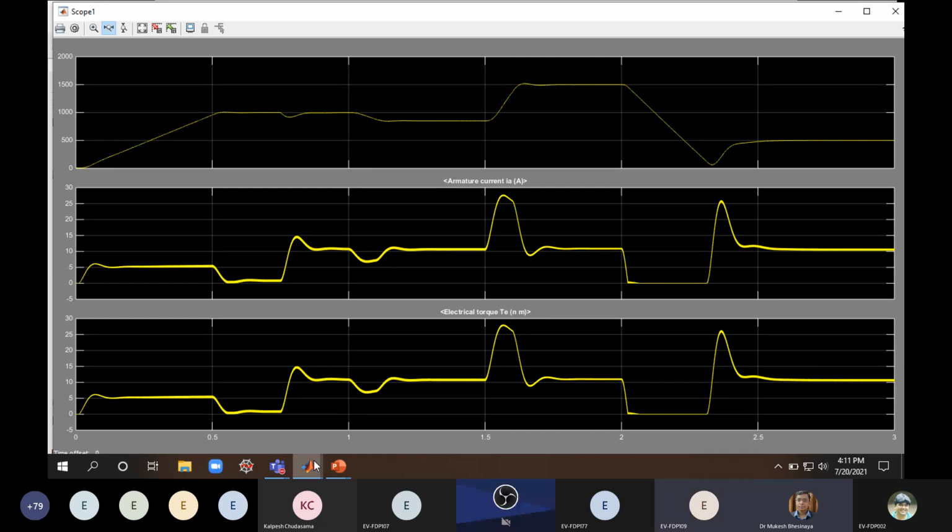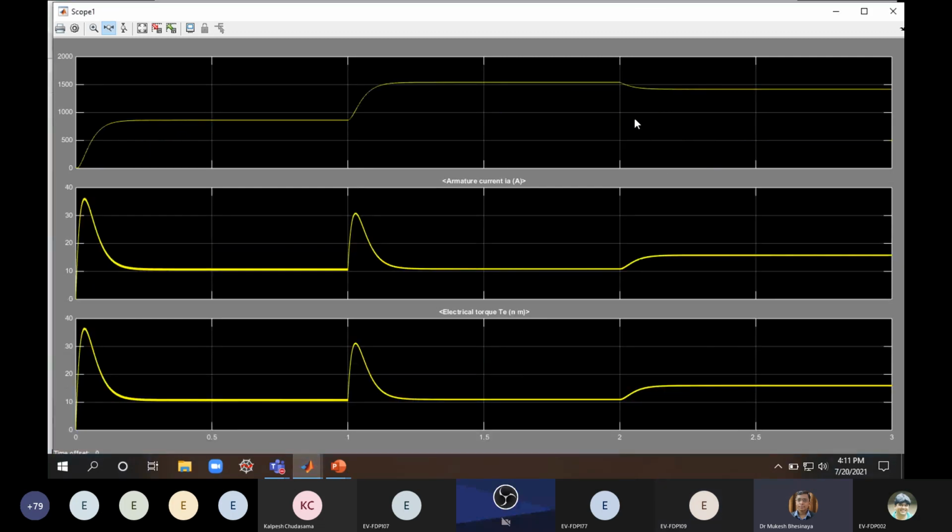That is not happening here in open loop control. In open loop control, when I give the step change to the load torque from 10 Newton meter to 15 Newton meter, the speed will reduce, because I'm not doing anything with the duty cycle, or practically you are not doing anything with the acceleration, right?